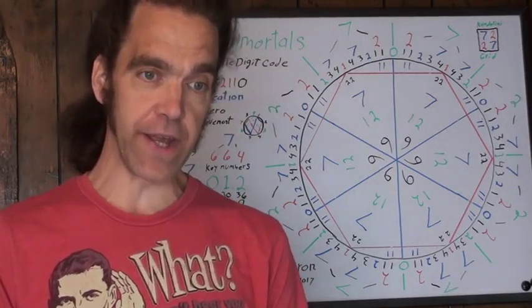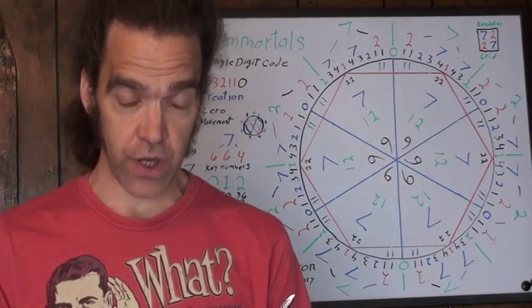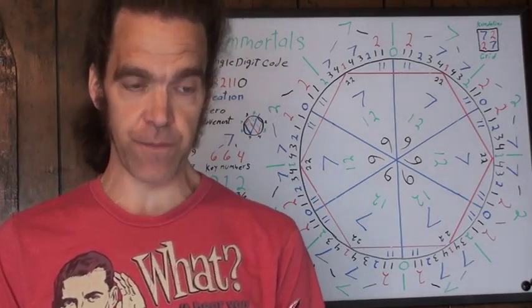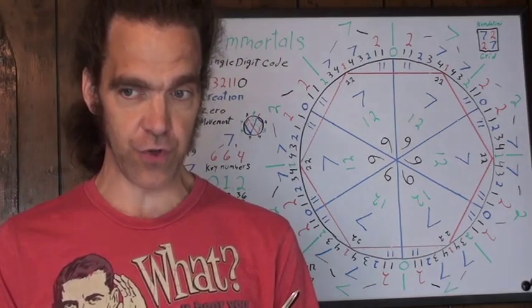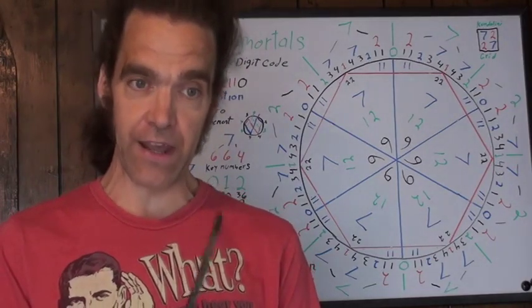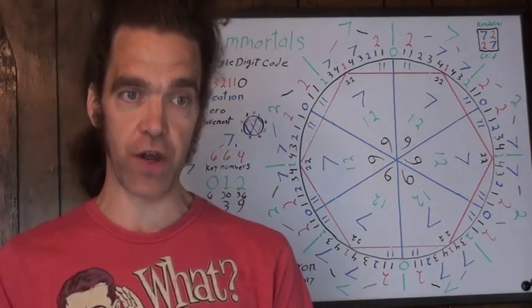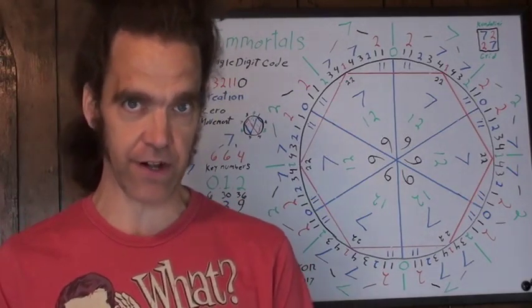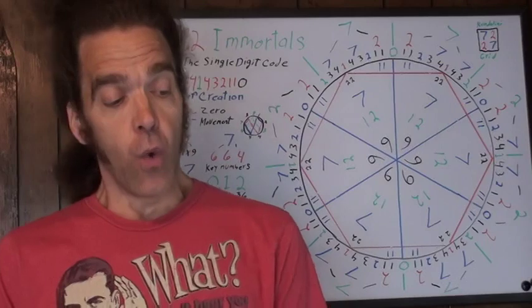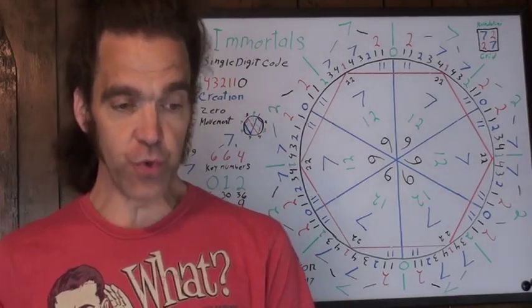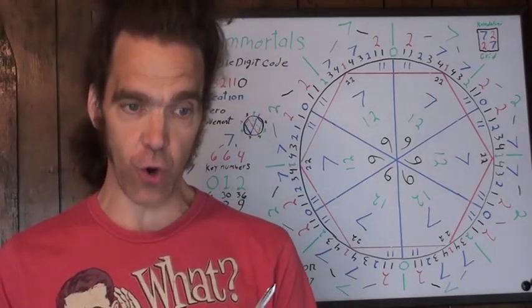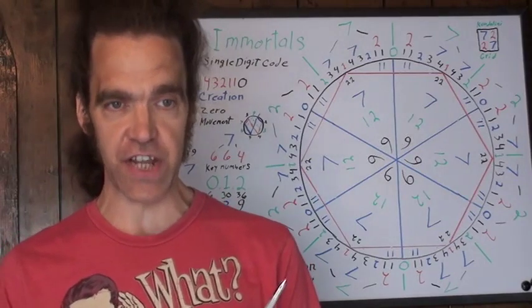But the way I do it, with the single digit code, is to reduce all the numbers to their lowest number, and then you use that. And what happens when you do that, when you reduce all the numbers, like in vortex math, the single digit code, is it produces its own code, but it's not based on 60 anymore.